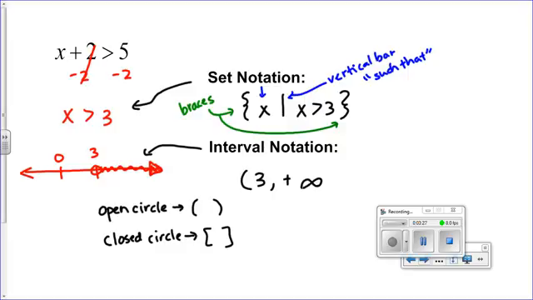So infinity is a sideways 8. You will always use parentheses with infinity. So this shaded in arrow here is telling us positive infinity. Okay, so I know that may seem a little confusing. Let's do a few more examples to go over this some more.